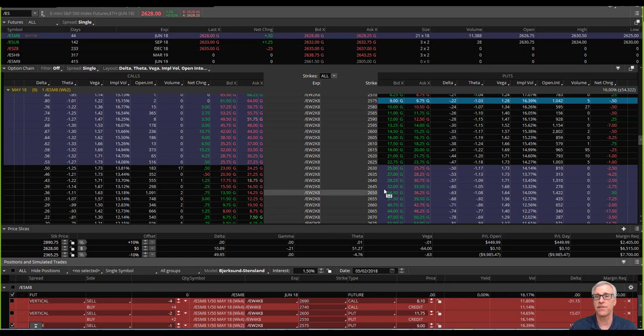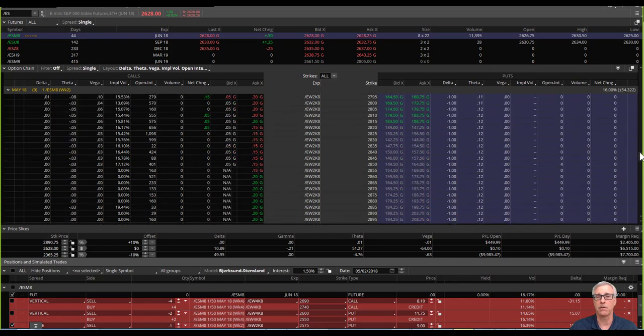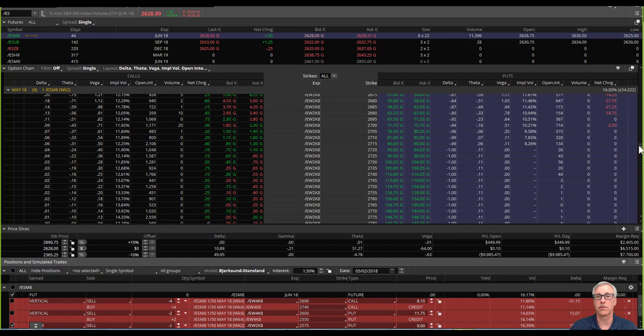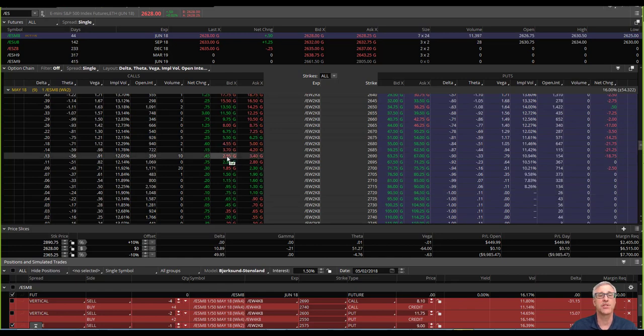Let me get the option chain to the place where the strike is that I sold. And then I sold the 26.90 strike price call.